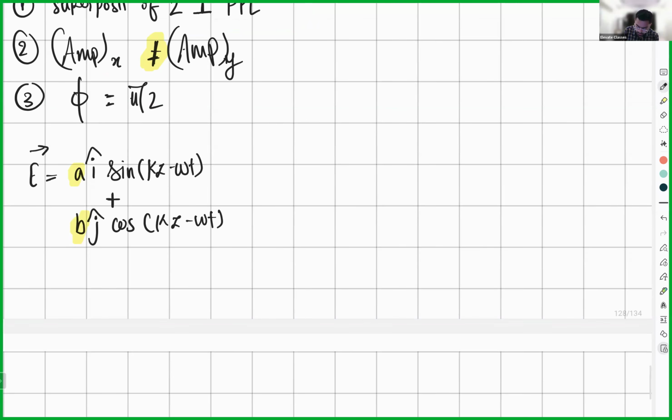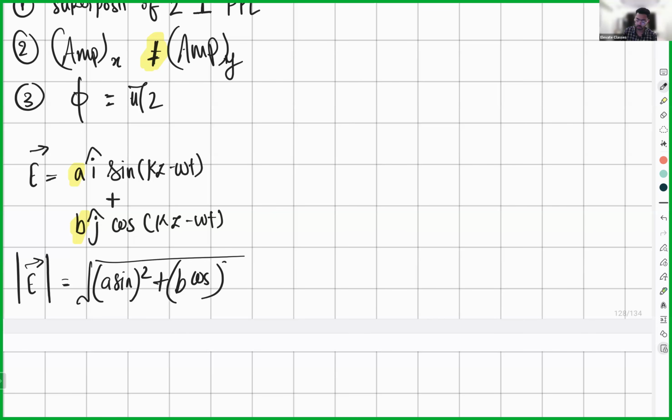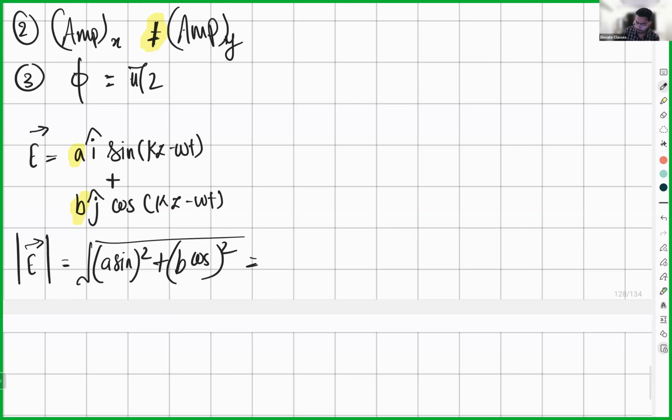So over here you see if I try to find magnitude, what does this give me? This gives me A sine square plus B cosine square. Okay. So this will not be a constant. Why is this not a constant? Because you cannot take out a square or b square outside.